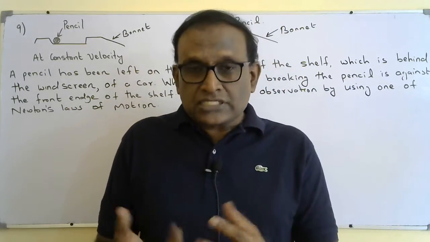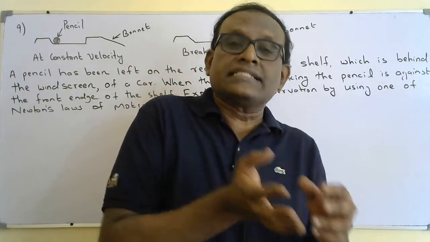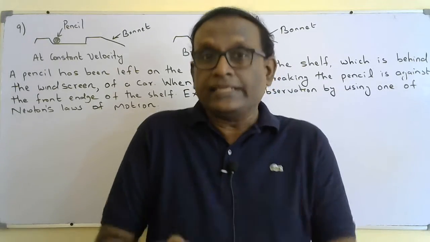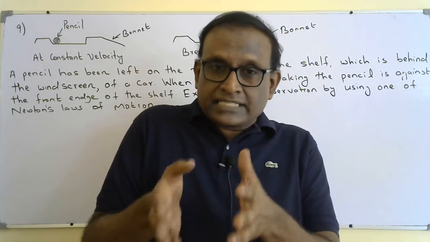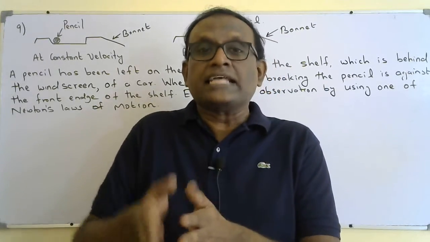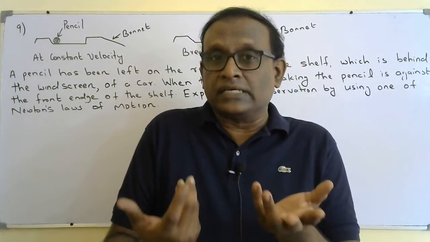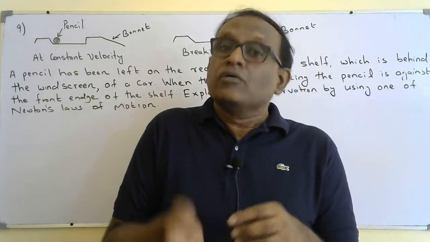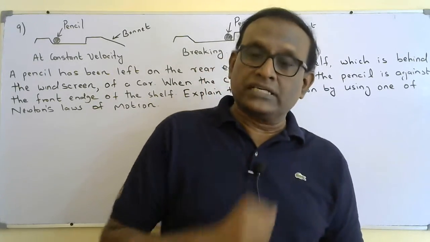So, according to Newton's first law, the pencil will continue to move at the same earlier velocity, which is greater than the velocity of the car, because the car is slowing down now. Every second the car is slowing down, but the pencil has no opposing force to slow down its motion. So it will continue its motion at the same velocity, which is greater than the velocity of the car.